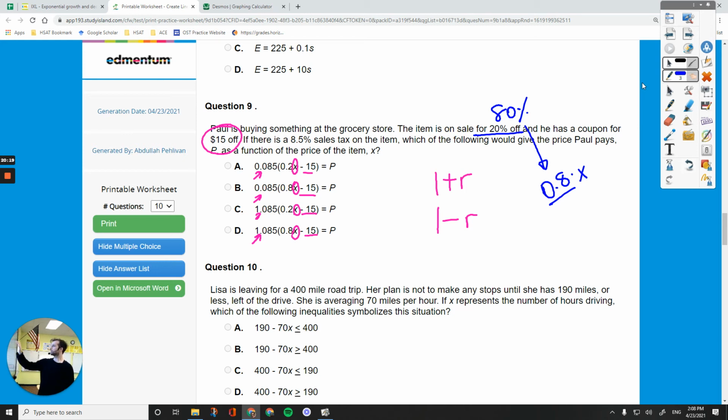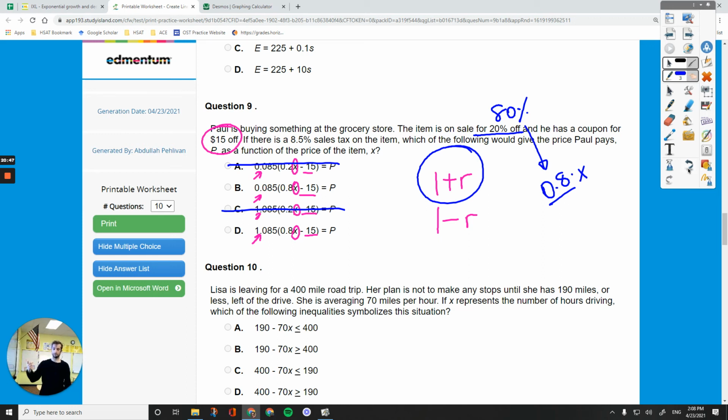Let's see. It's not this right here or that right here. If there is an 8.5% sales tax, so right there. Oh no, my bad. So again, the sales tax is 8.5%.